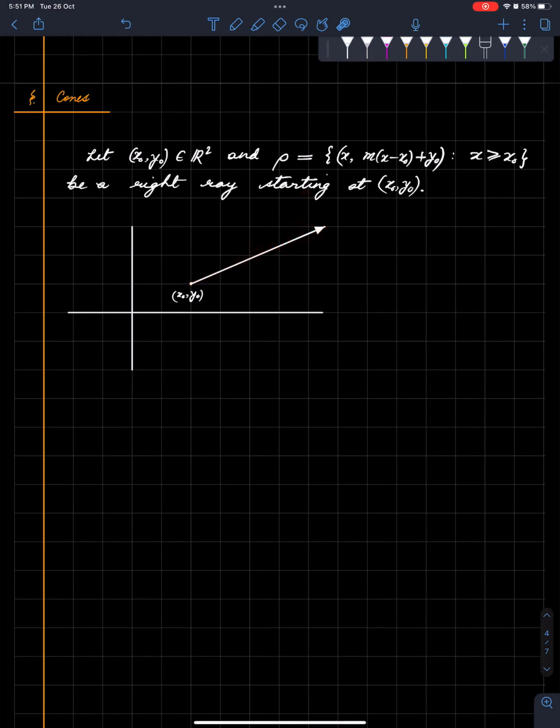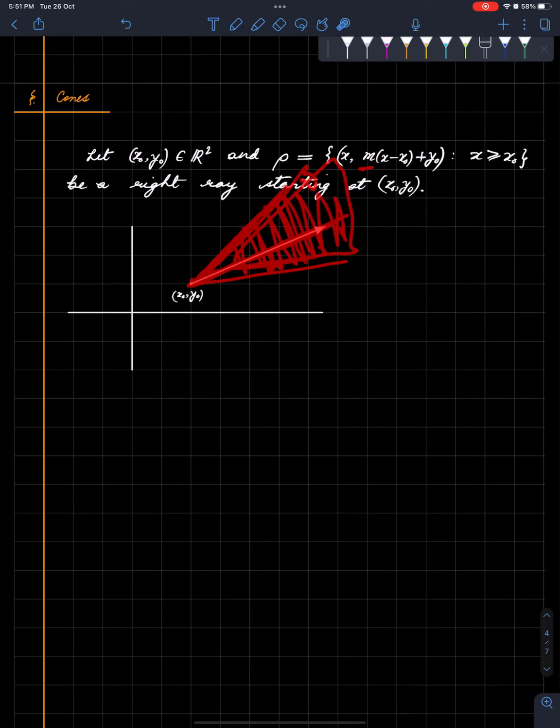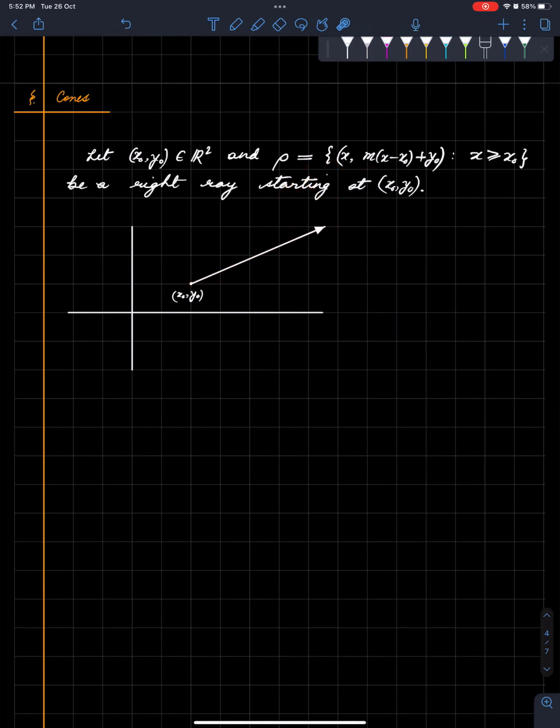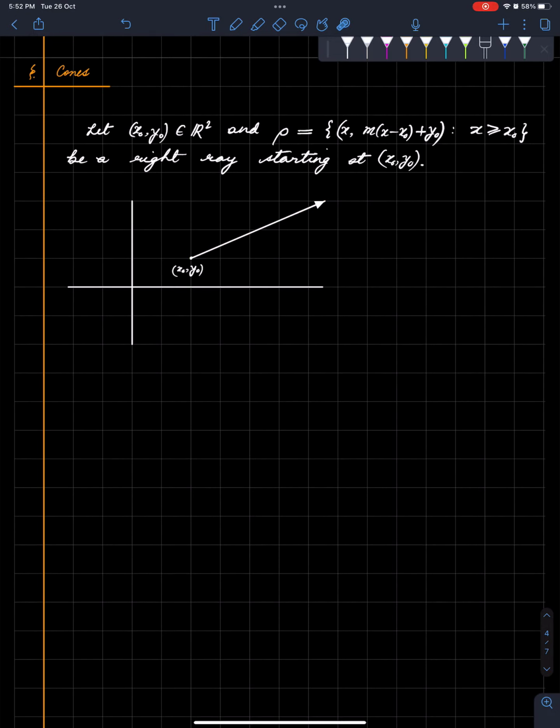Whatever is the slope of this ray, which is m, I want to take all the rays which have slope more than m minus epsilon and less than m plus epsilon. I want to take all those rays and take their union, and that will be a cone, in some sense centered at this ray. I'll say more about this centering business.